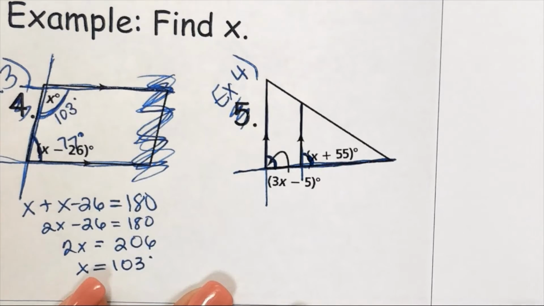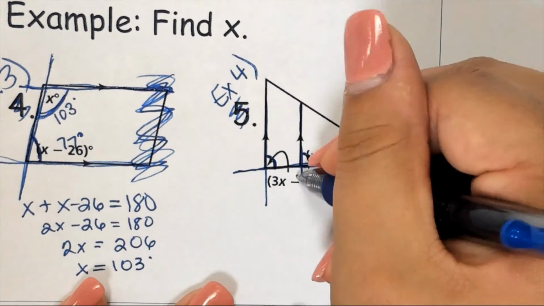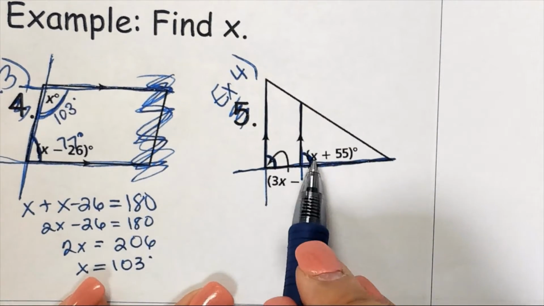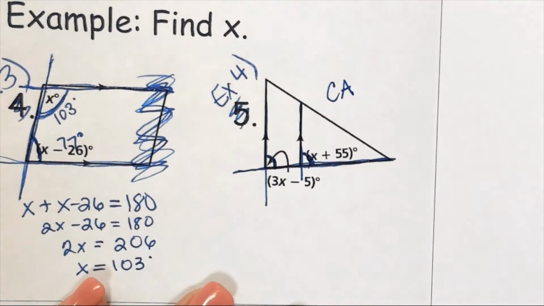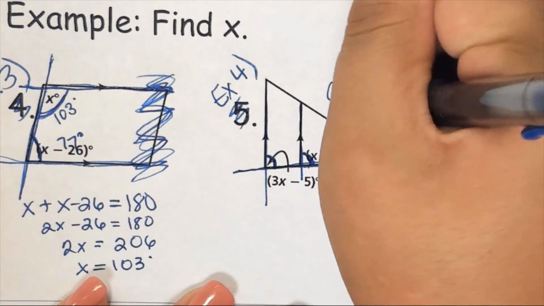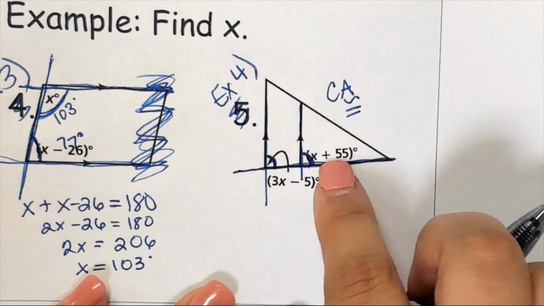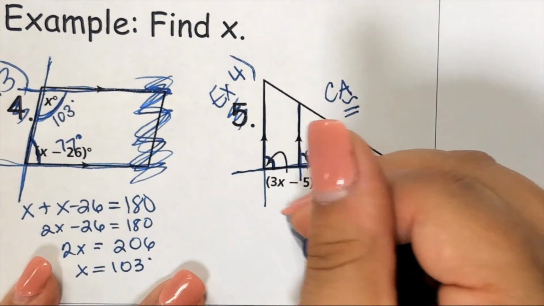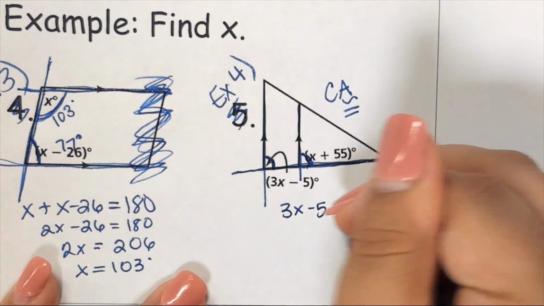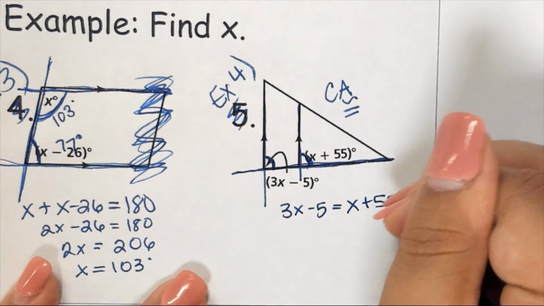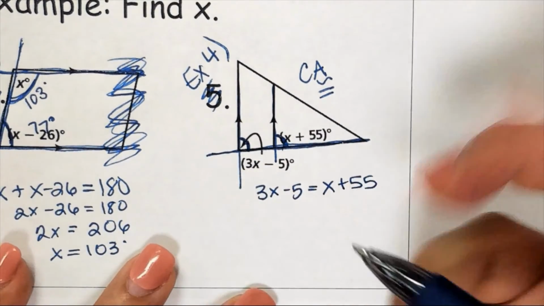What are those? They're both top right, top right. This is corresponding angles. And if it's corresponding angles, looking at your chart, what does that mean? They're congruent. So what can I do to these 2 things? Equal them. Set them equal, and then you would solve.